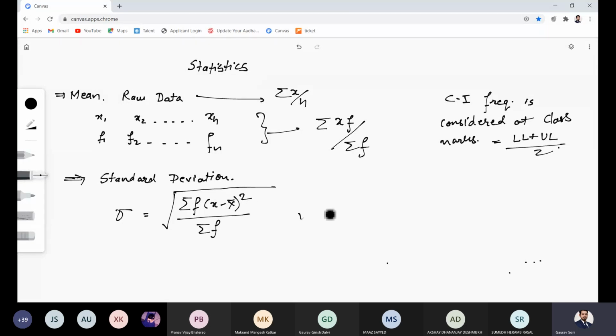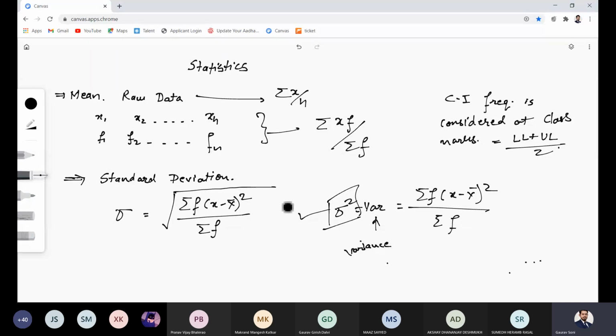This is the most basic formula, the definition of the standard deviation, and the variance is equal to summation f x minus x bar square upon summation f. Variance is denoted by sigma square. So square of standard deviation is nothing but the variance.